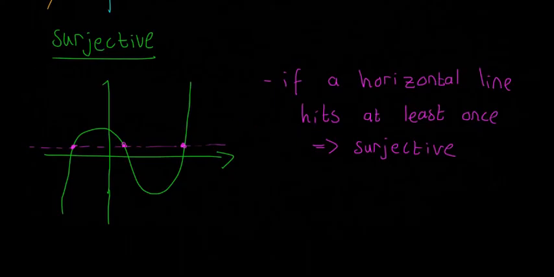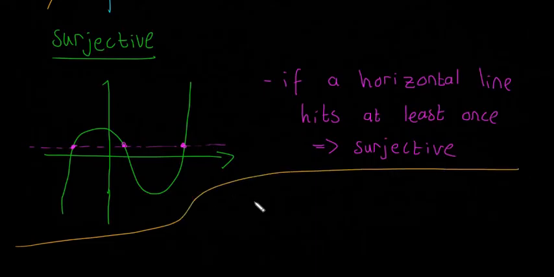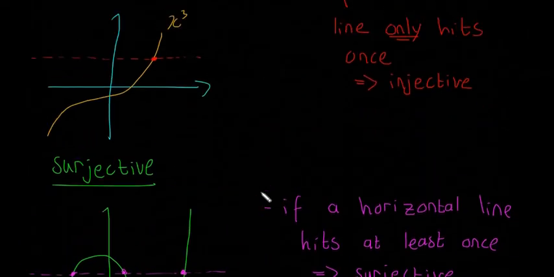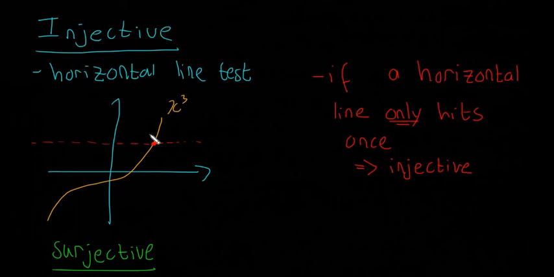The last thing we have to talk about is bijective. That means it's both injective and surjective. Something like this would be bijective because it's surjective and injective.